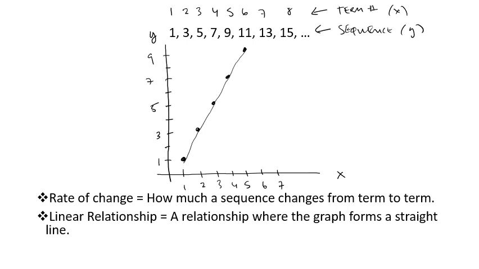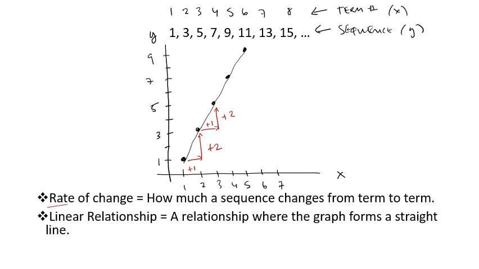Now, how much this changes from term to term, this is going up by 2 each time. I'll switch back to red. So this is going up by 2 every time our term increases by 1. Now, some of you probably know where this is going, and we're going to get there soon enough. So we're headed toward an idea here that we'll get to in the next couple sections.